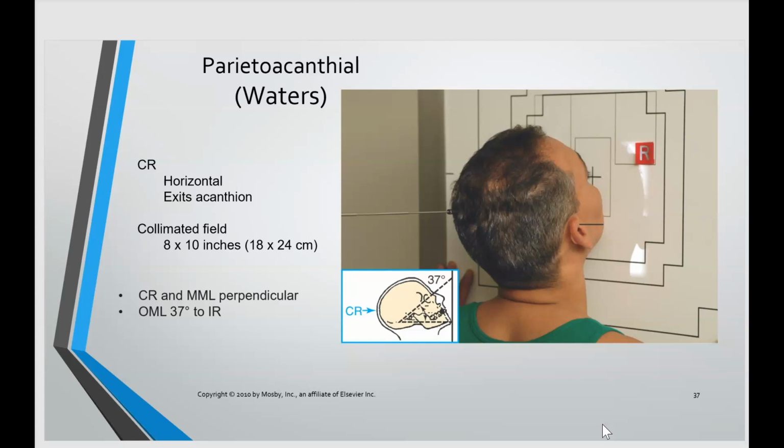It's an 8 by 10, and your IR is placed in the bucky 10 by 12 lengthwise. Okay, so central ray and MML are perpendicular to the plane of the IR. Okay, don't forget this angle. I keep repeating it because you're going to see it on a test. The OML needs to be at a 37-degree angle from the horizontal for this Waters view.